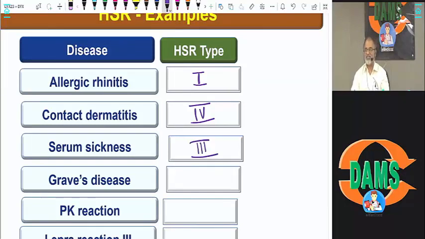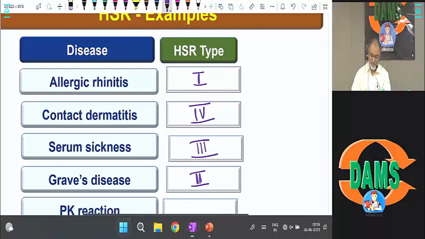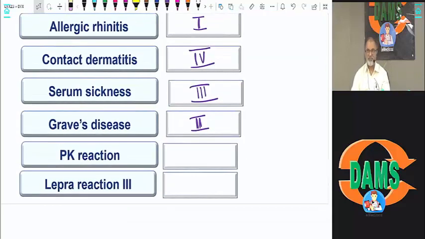Graves disease, type 2. So you should know examples for all. Prausnitz-Küstner reaction, type 1. Lepra reaction type 3. Lepra reaction type 1 comes under type 4. Type 2 and 3 come under type 3.